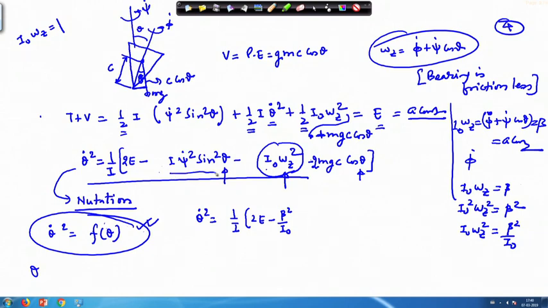This term we are going to take outside the bracket, minus 2 m g c cos theta, and here then I cancels out, psi dot square sin square theta. Psi dot, we already know what that quantity is.